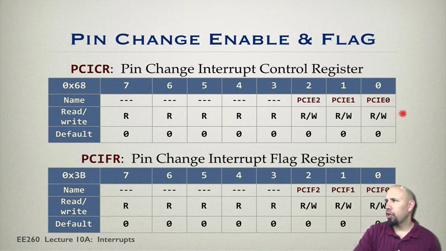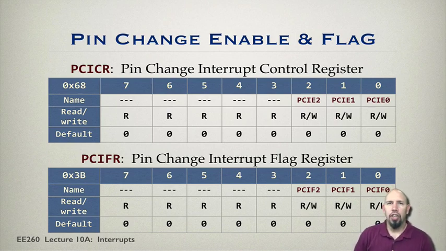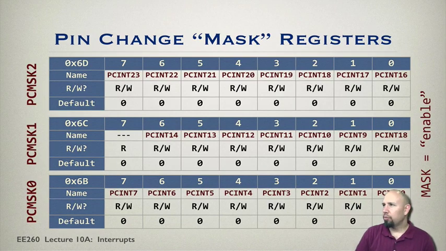We'll talk about what those are in just a minute. Then the pin change interrupt flag registers, which are used for PC pin. PC interrupt and pin change interrupt, I'll use those kind of interchangeably. And the pin change interrupt mask registers.